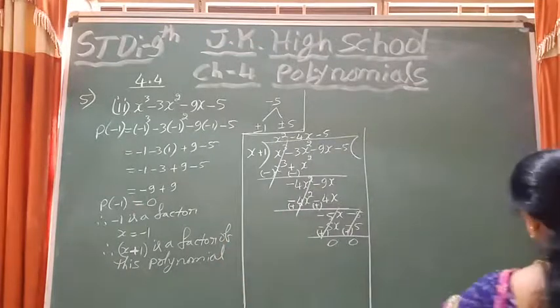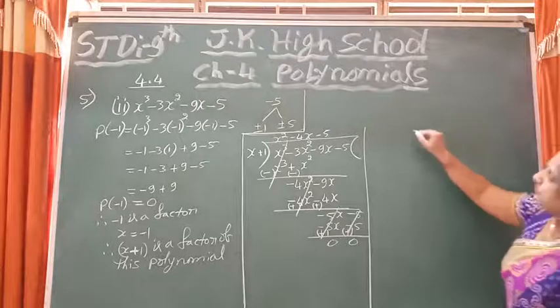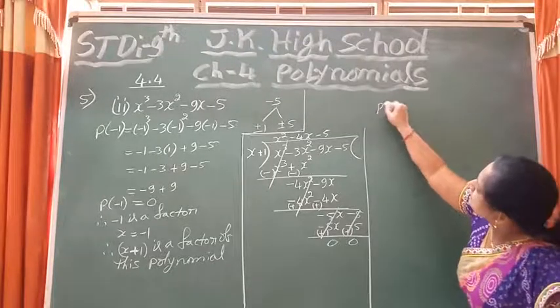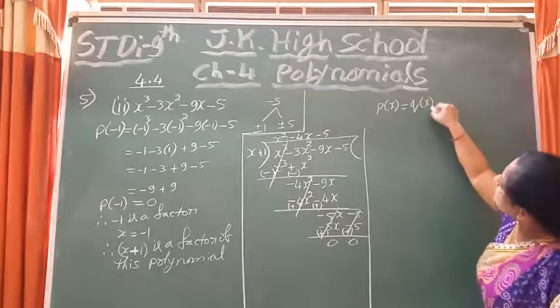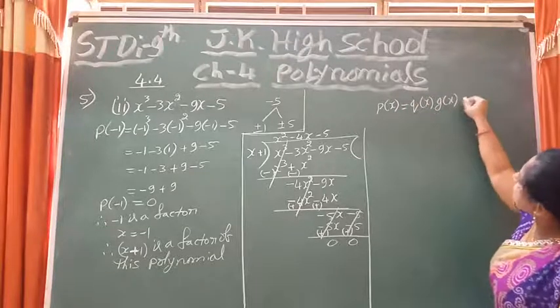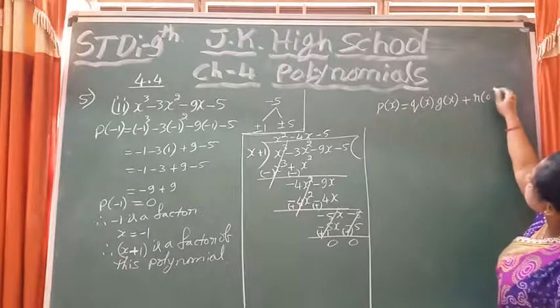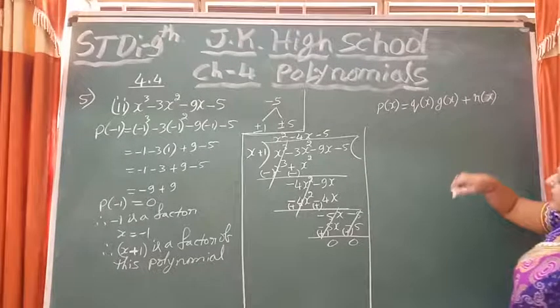I can write p of x is equal to q of x into g of x. Anyway here r of x is 0 only because it is a factor.